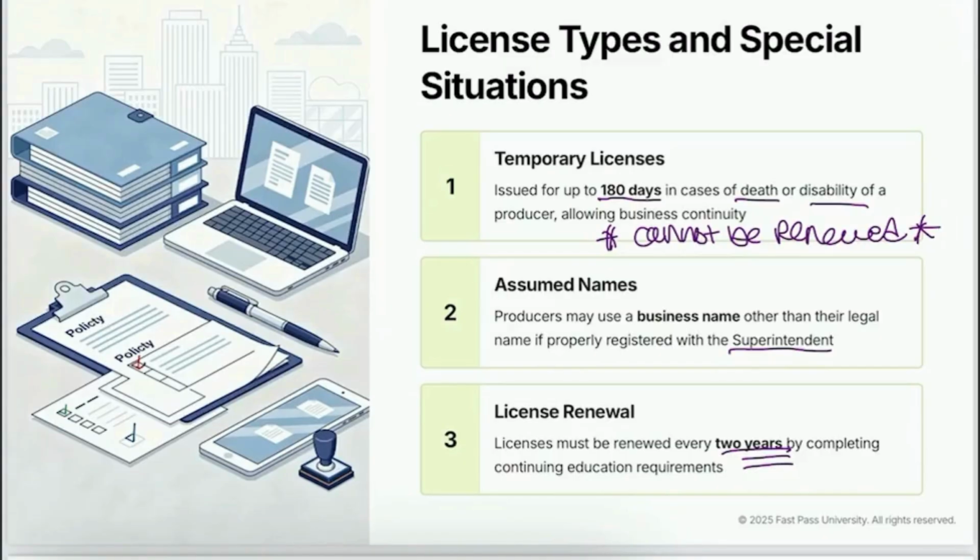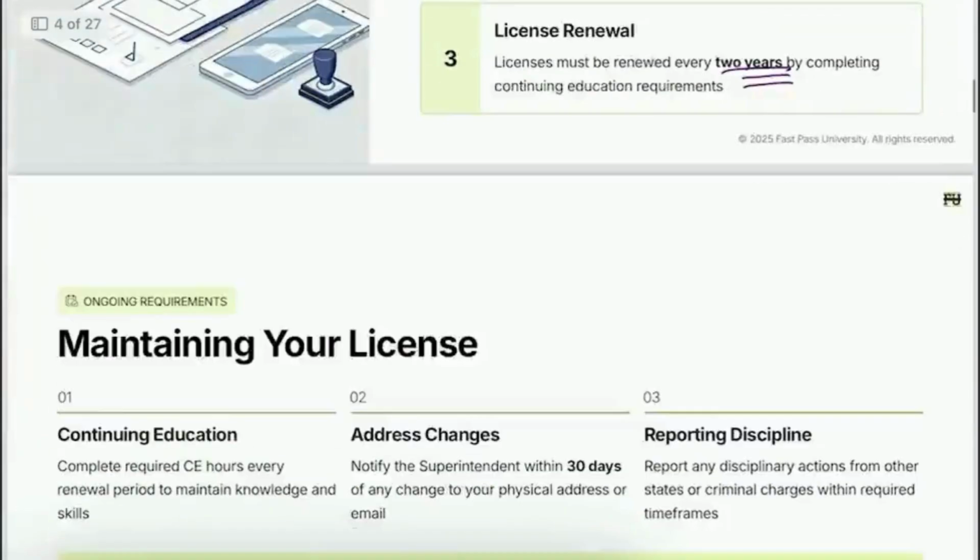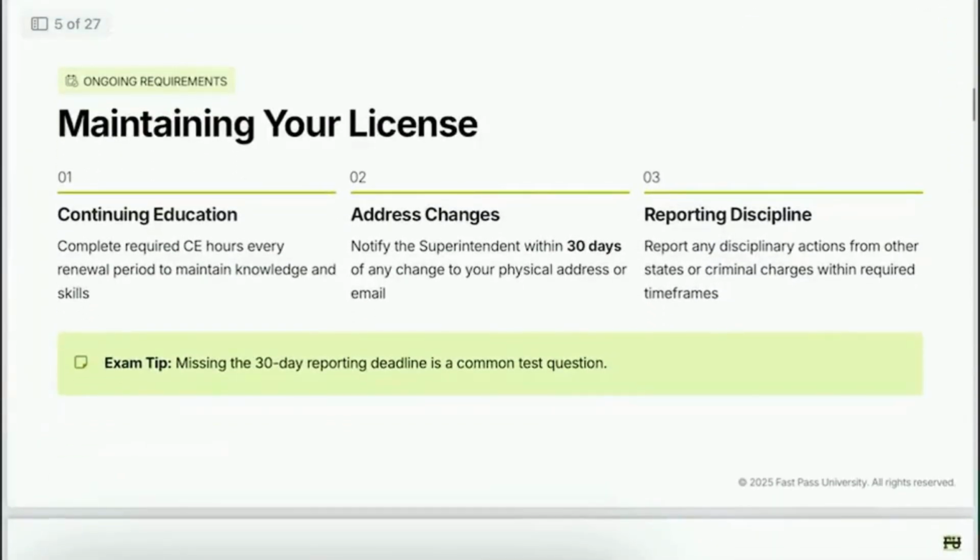Okay, maintaining your license. So, as we just said on the last slide, you must know this so that you can renew your license every 2 years. When you pass your exam, as long as you keep up with your continuing education and your renewals, you never, ever, ever have to sit for this exam again.